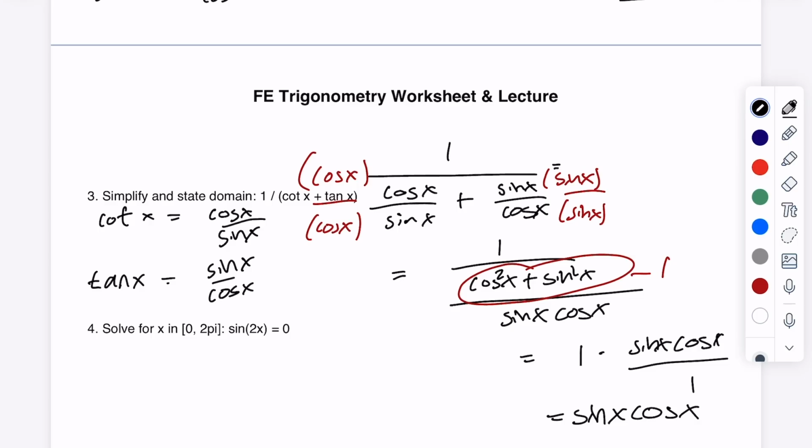And we know that sine is going to be equal to 0 at pi, or any n pi, 2 pi, 3 pi, 4 pi, 5 pi, any multiple of pi. So x cannot equal n pi. And cosine x will be equal to 0 at pi over 2. So x cannot equal n pi over 2.